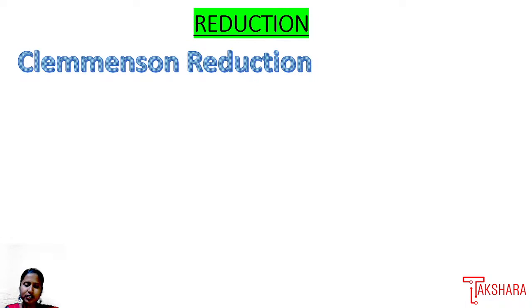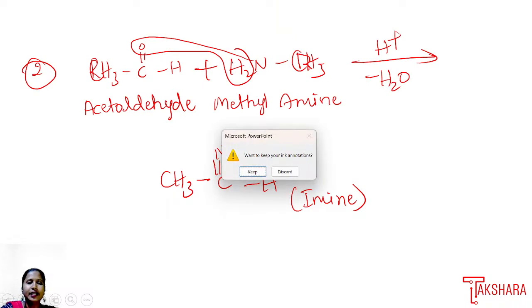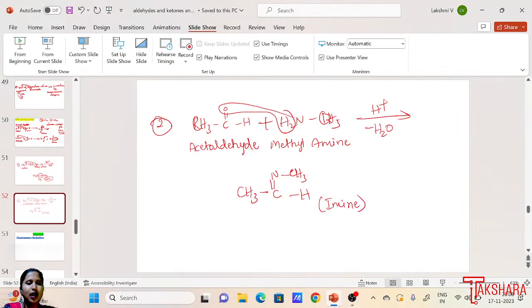Now let us study the next reaction, that is reduction reactions. But before that, let us know one more reaction, that is the reaction of aldehydes and ketones with ammonia, NH3.